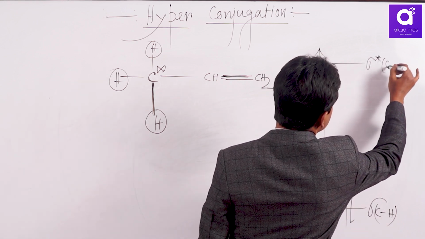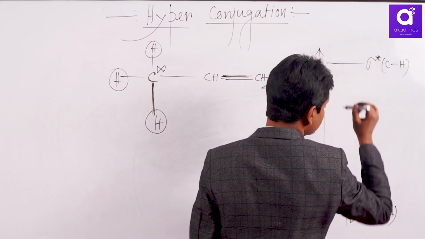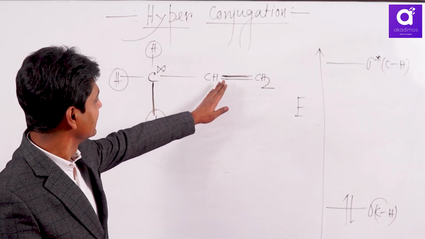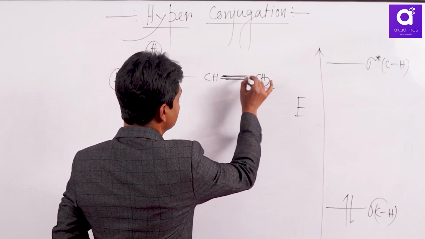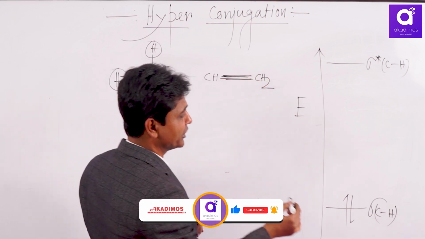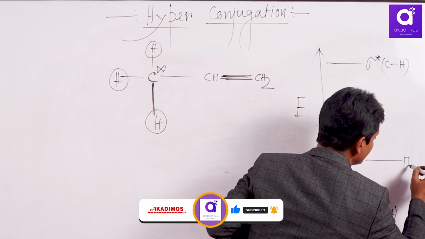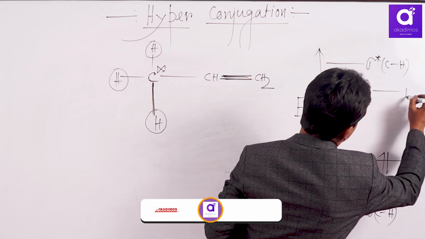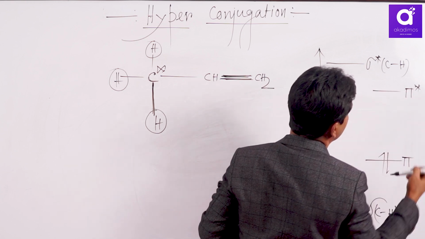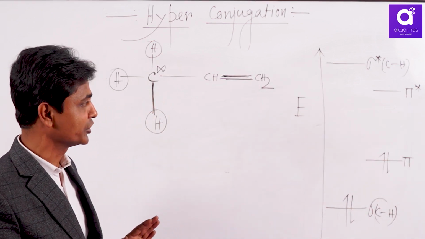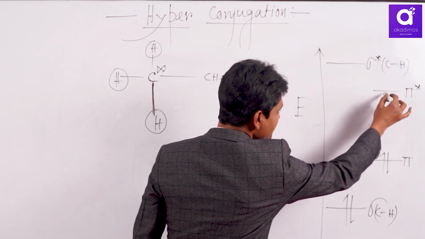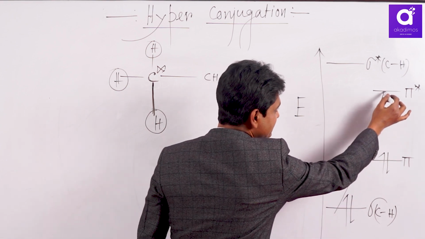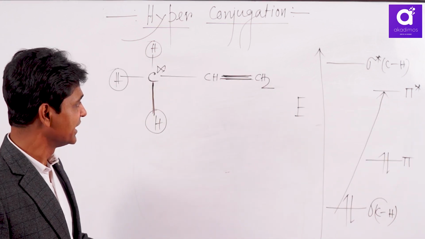No electrons try to reside in the anti-bonding MO. This is vacant. And here you will get the pi bonding MO and pi anti-bonding MO. A pi bond, you know, is weaker than sigma, that's why it is higher in energy, and the pi anti-bonding is also lower than the sigma anti-bonding. Actually, this interaction is hyperconjugation. What is hyperconjugation?